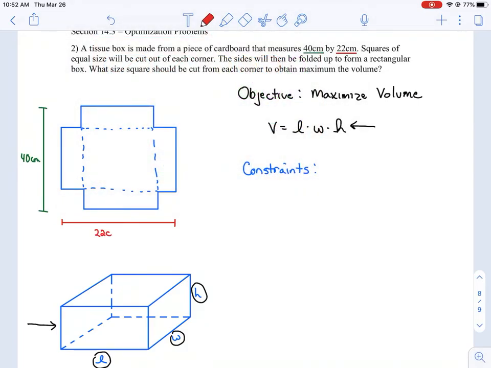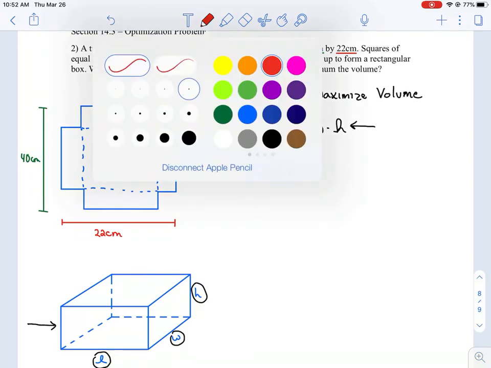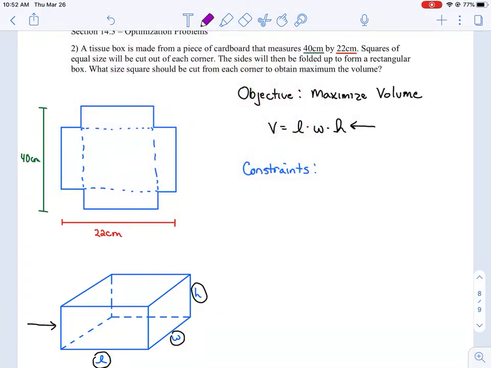And down below on the red, we're going to write 22 centimeters. And then it says squares of equal size will be cut from each corner. We don't know the side length of the squares, so we're going to label those x.